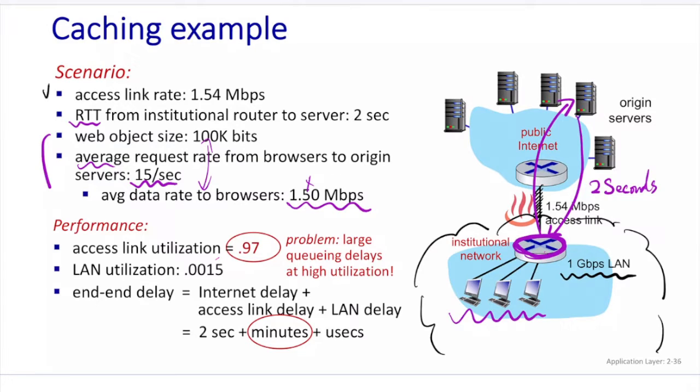And as you can see, the access link utilization: in total, the bandwidth is 1.54, right? However, currently your browser needs to consume 1.50 megabit per second. So the utilization is 97%. That means 97% of the time the link is busy trying to retrieve those objects.